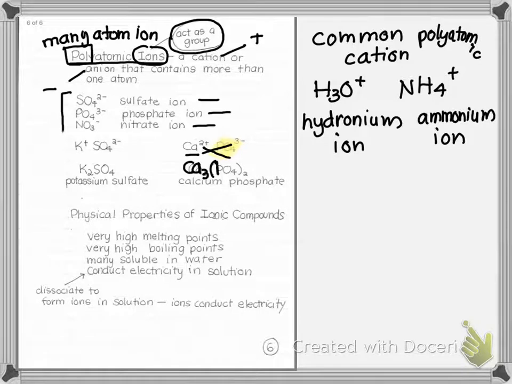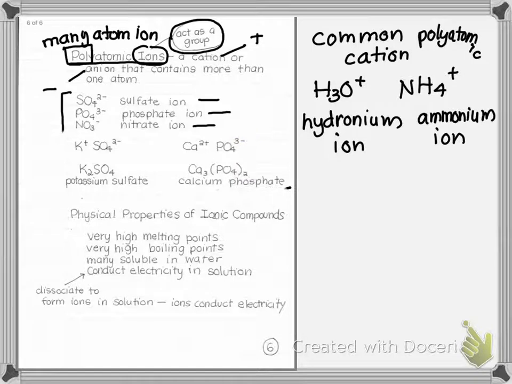Because it's a group, I use parentheses and I say that group, PO4, I need 2 of them. So I use parentheses if I have to use more than one polyatomic ion to get it to balance. And then I name it: calcium, followed by the name of the polyatomic ion, phosphate.